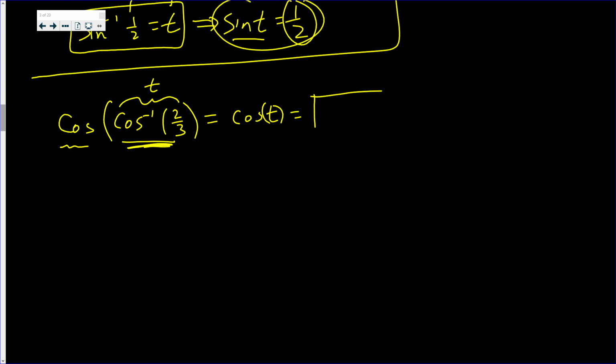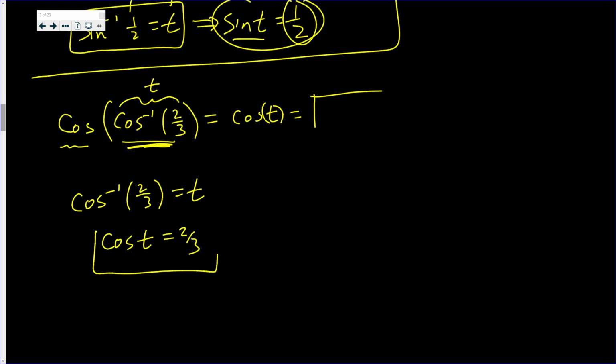Well, this tells me that the cosine inverse of 2/3 is t. That means that the cosine of t is 2/3. And this is possible. It's not outside of negative 1, 1. So the cosine of t is 2/3. And that problem is done.